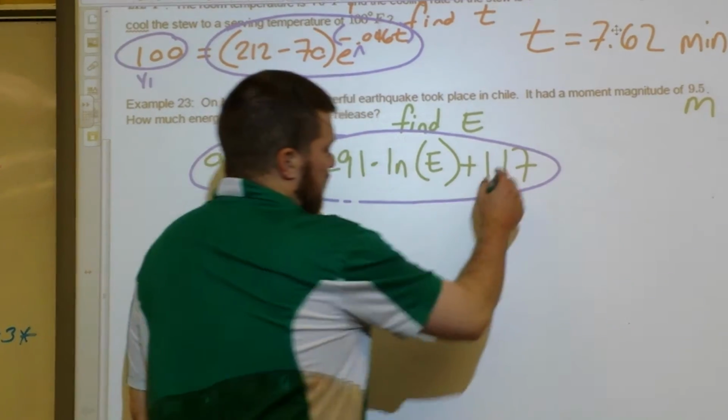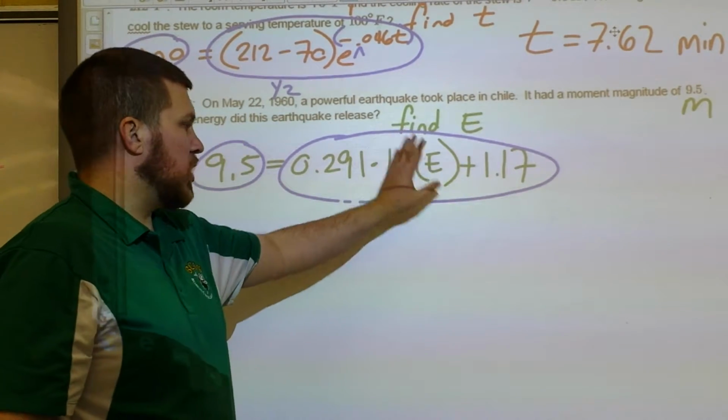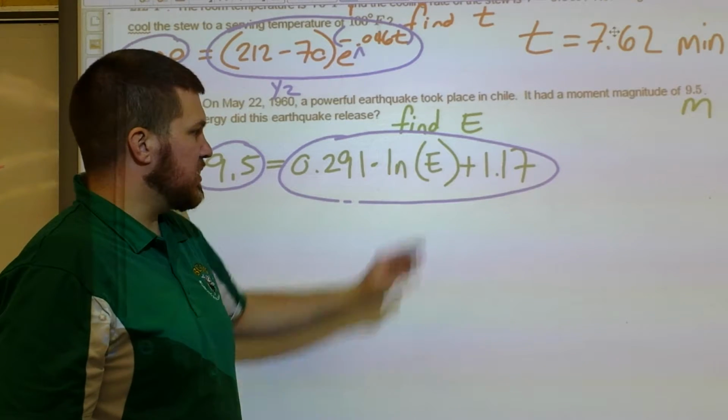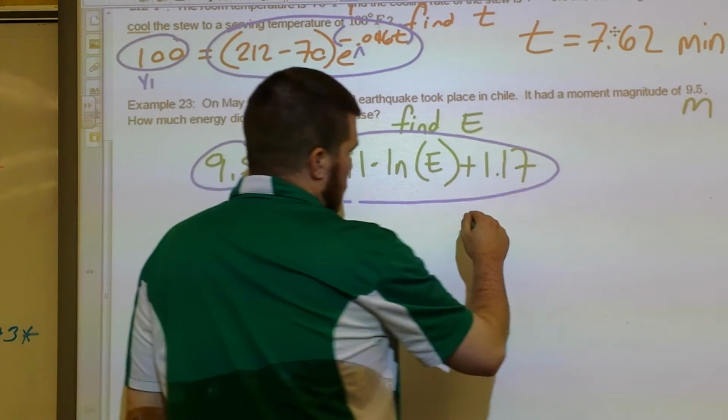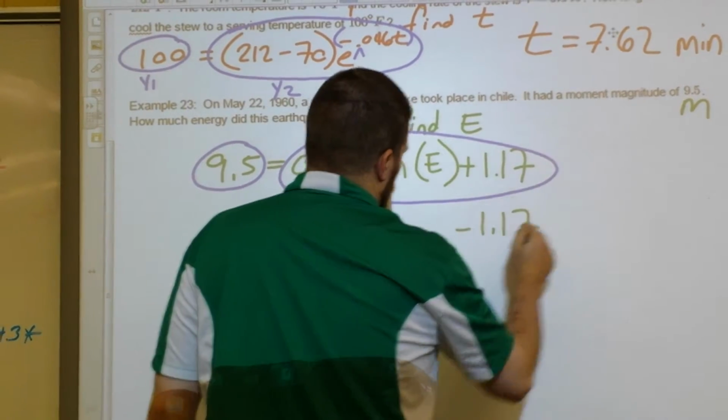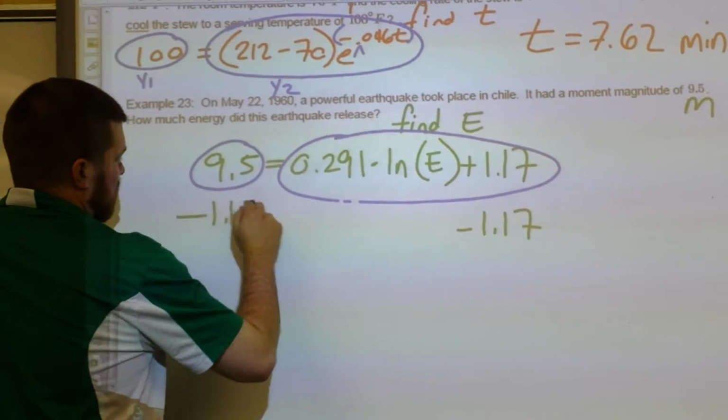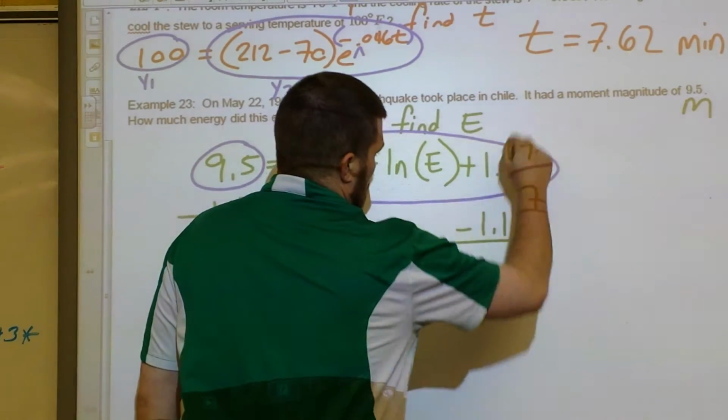So what we're doing now is starting off by trying to get the natural log of E by itself. Reverse order of operations says I need to start by subtracting 1.17 from both sides. They cancel out.